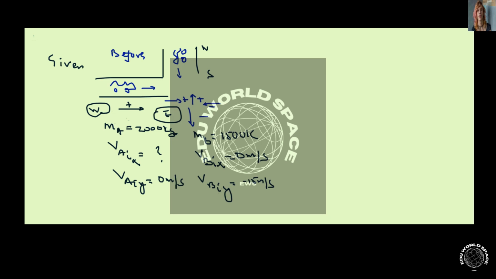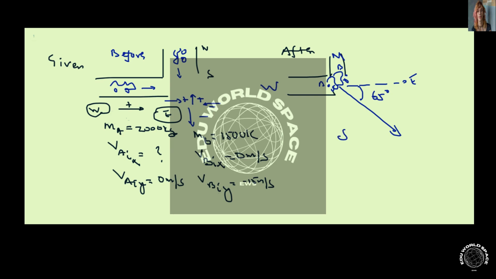Afterwards, what's going to happen is the two cars, A and B, will collide at the intersection. This is A, this is B. And then they're going to move in a certain direction. This is 65 degrees. This is east, this is west, this is north, this is south.